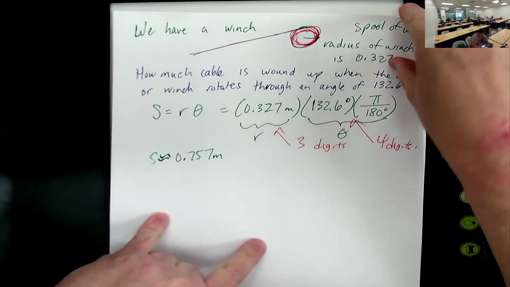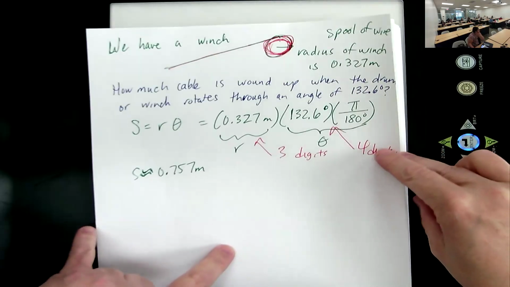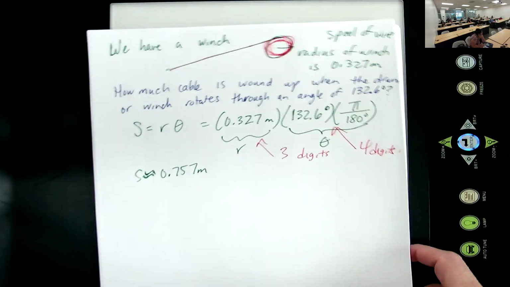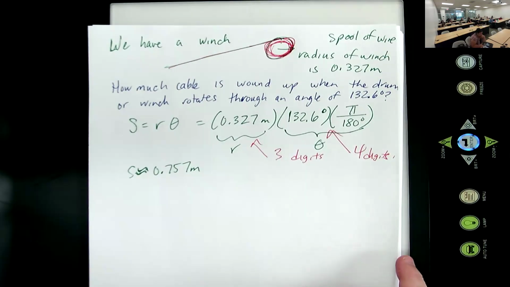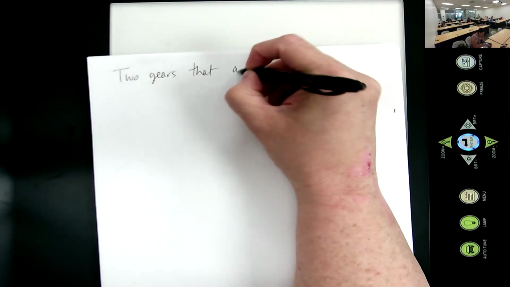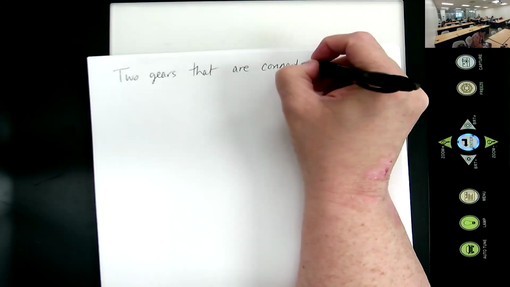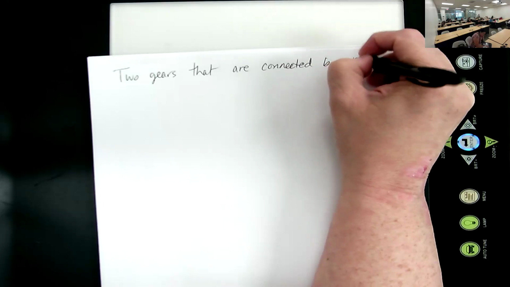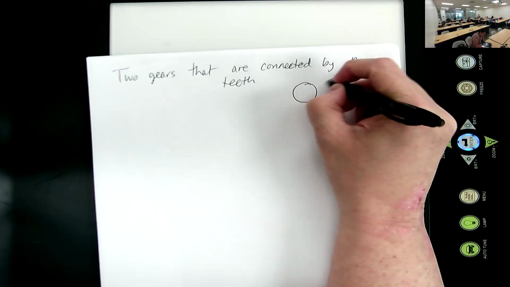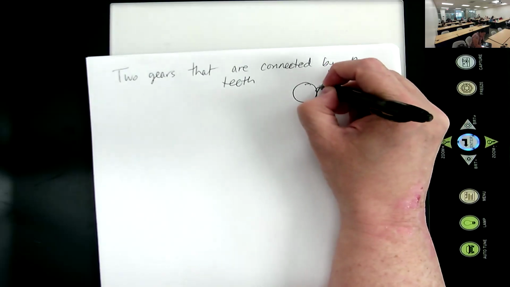Alright, next one here. In fact, my friend was working on something and he asked me to do something very much related to this. This is the double gears one. Does anyone need longer? Alright. So we've got 2 gears that are connected by their teeth. We got a little gear and we got a big gear. When I say teeth, they have little ridges on them.